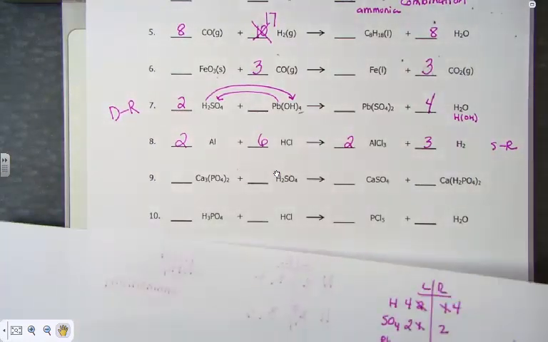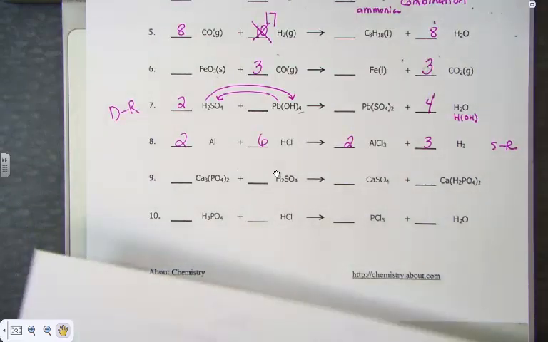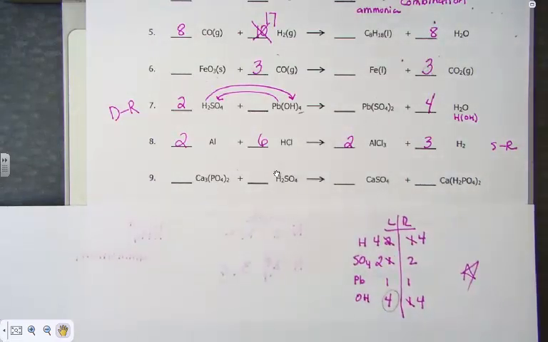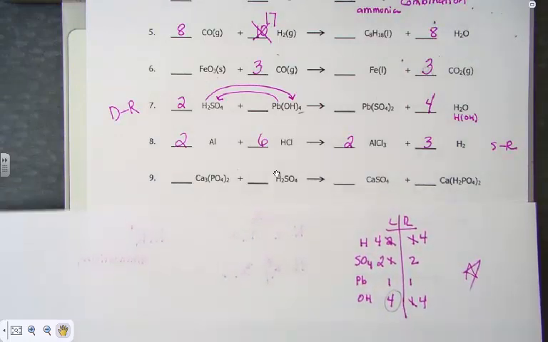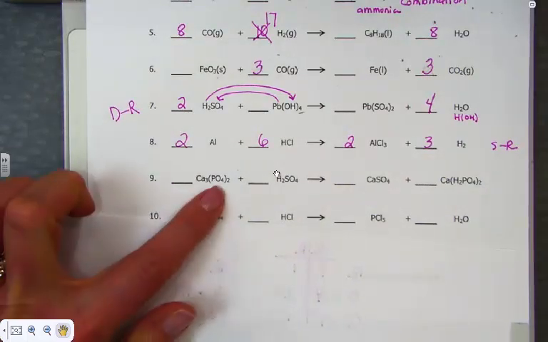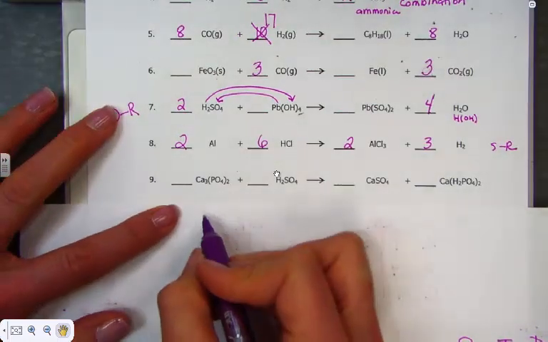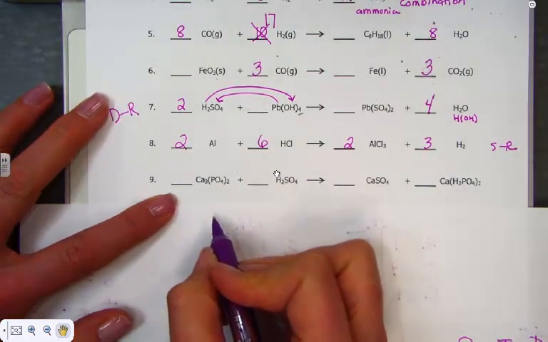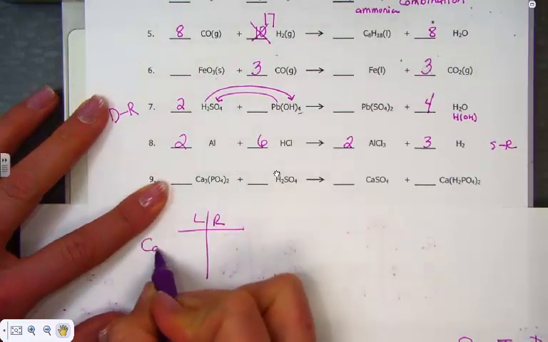Home stretch, couple more. Calcium phosphate with hydrogen sulfate gives me calcium sulfate and calcium dihydrogen phosphate taken twice. Interesting. The polyatomic ion phosphate did not stick together. So we've got to count individual atoms. Let's see. Left, right, we have calcium.